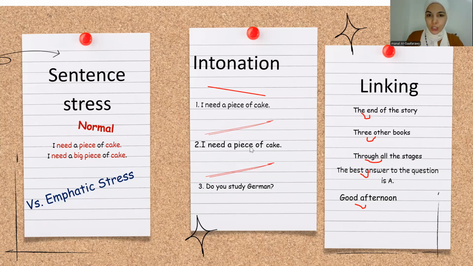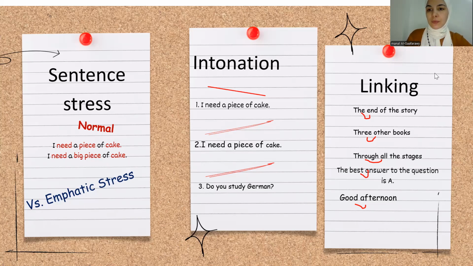Changing the tone changes the meaning. And that's why, again, we need to know the different types of intonation tones and how we represent them when we teach tones and intonation to students, and in order to fix our own speaking.